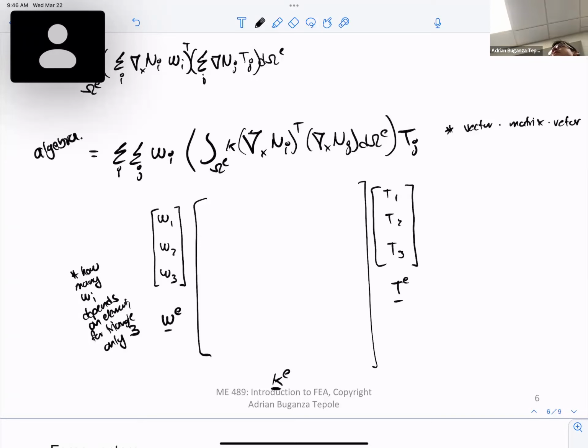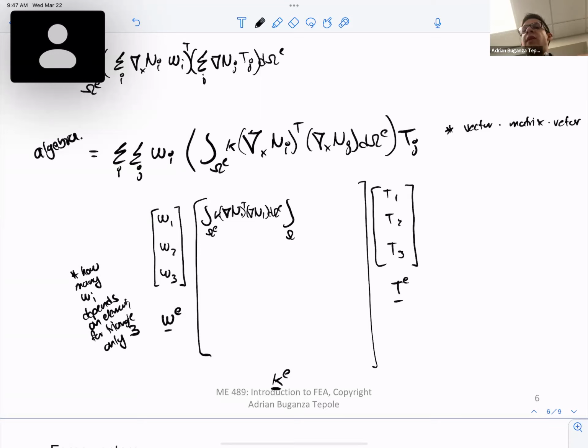Well, they are all the combinations of the integrals of the products of the gradients of the shape functions. By all combinations, I mean, for example, this one is going to be the gradient of shape function 1 transpose gradient of shape function 1.